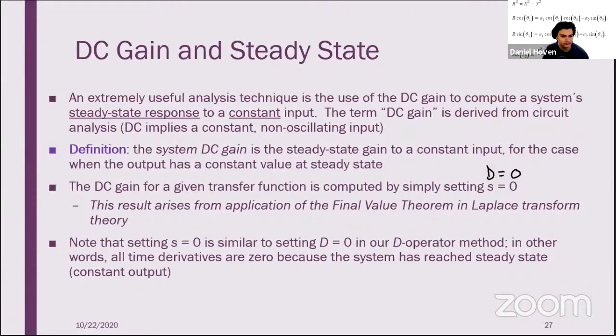You are at steady state. Will you change with time? No. The premise is that you are steady. And if you're not changing with respect to time, doesn't that mean that your time derivative is equal to 0? Yes. So that's why we're setting D equal to 0 when we're looking at DC gain, because D, which is d/dt, is equal to 0 when there's no change with respect to time.